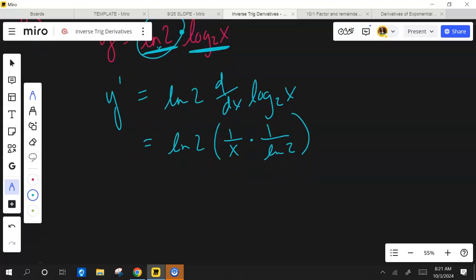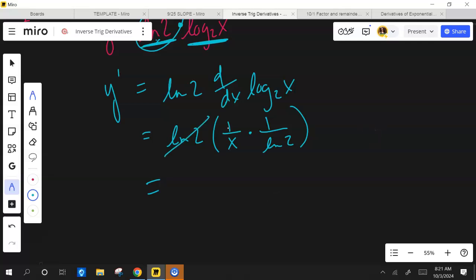Now what happens? I do just have an answer. That's been a property since the very, very beginning. Look back at your derivative rules.